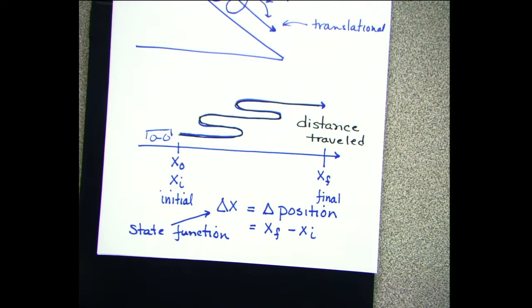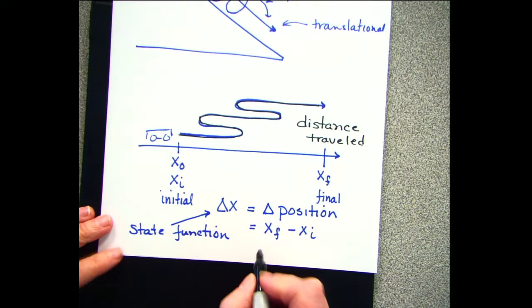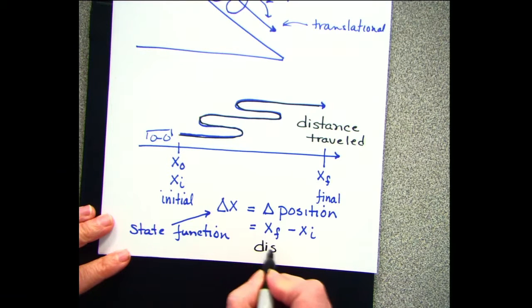Now, it could be the same, but it doesn't have to be. So distance traveled and change in position are two different things. So we're going to have to worry about that. And what we usually end up referring to this as is displacement.